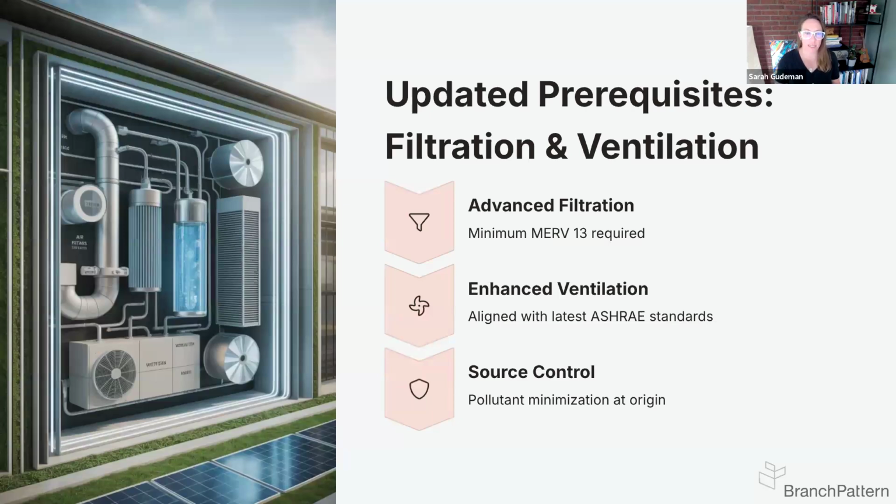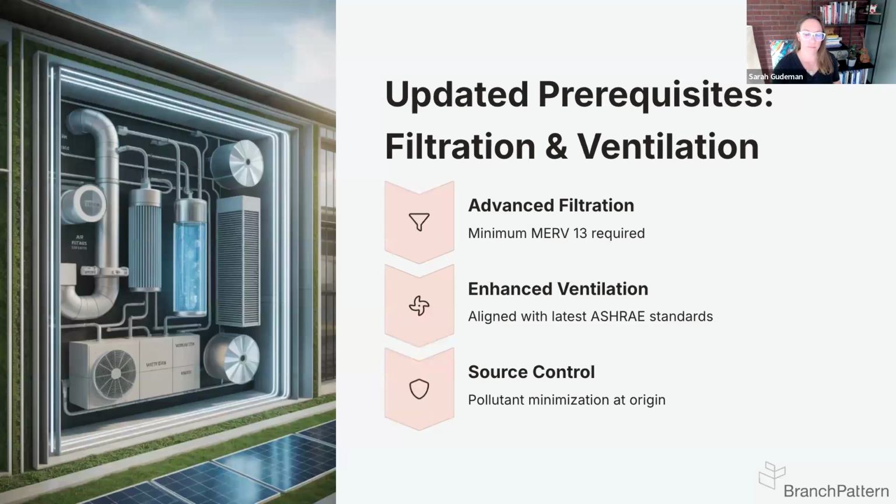LEED v5 is really elevating our baseline expectations, and we had lots and lots of conversations about it. Requiring MERV 13 filtration for HVAC systems as part of our prerequisite was a pretty big change. So this is, I think, possible. It's challenging, but it's intentionally challenging, and it's not insurmountable.